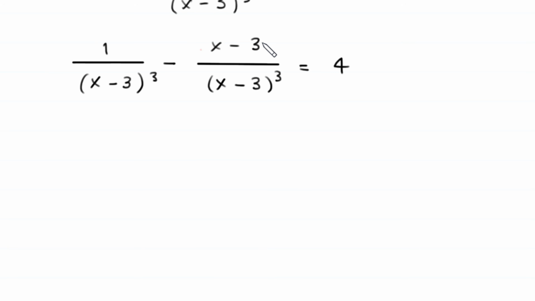Now this x minus 3 will be cancelled out, and in the numerator we are left with 1, and this power 3 will become power 2.